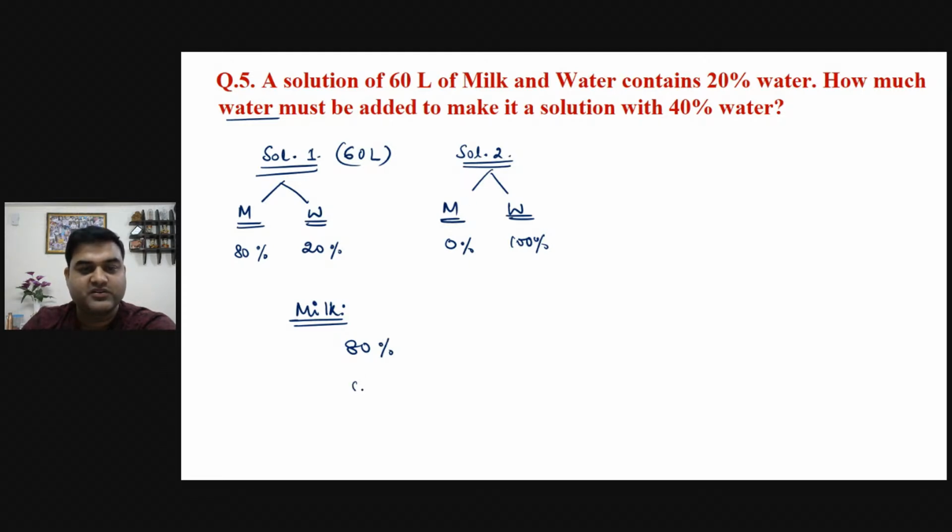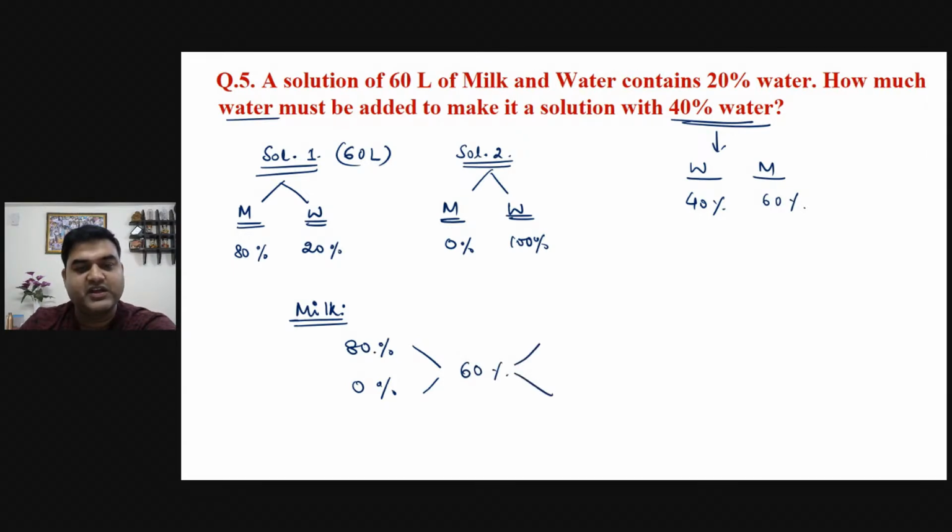Solution 2 has 0% of milk. Combining together, the mixture will have 40% water, so milk has to be 60%, right? So here we'll write 60%.